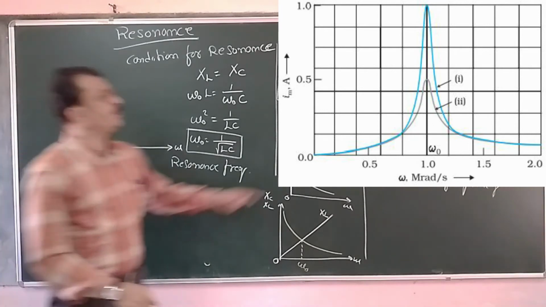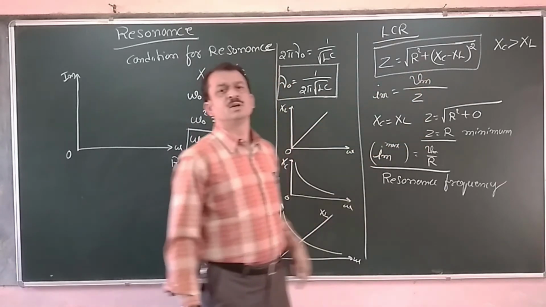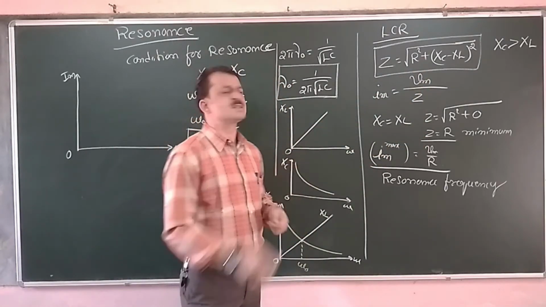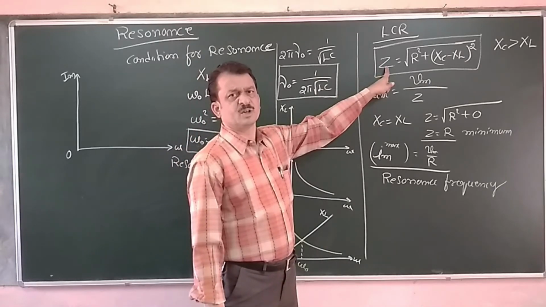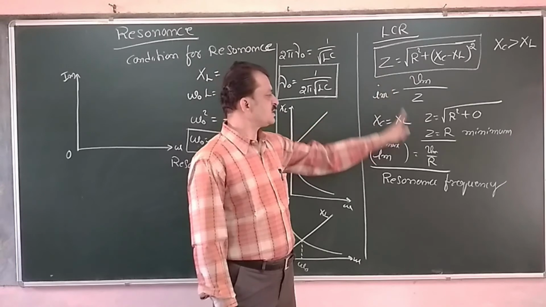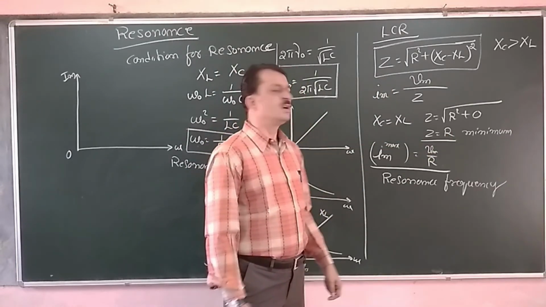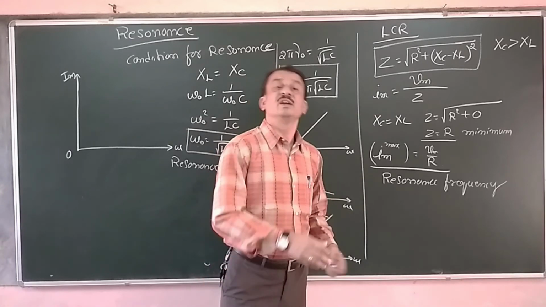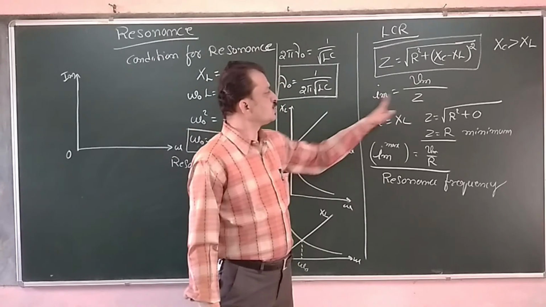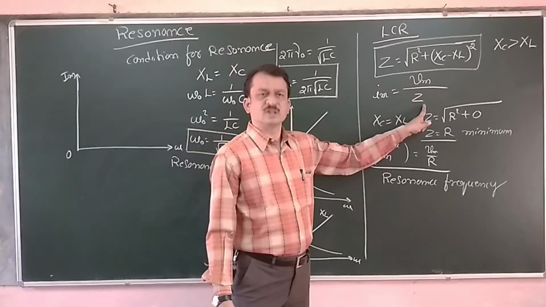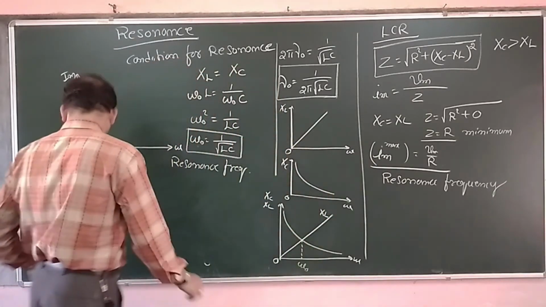At lower frequency, the impedance is of higher value. As frequency increases, the impedance decreases and reaches a minimum value at this point. Further increase in frequency increases the impedance. Since current is inversely proportional to impedance, the current varies in the opposite direction.